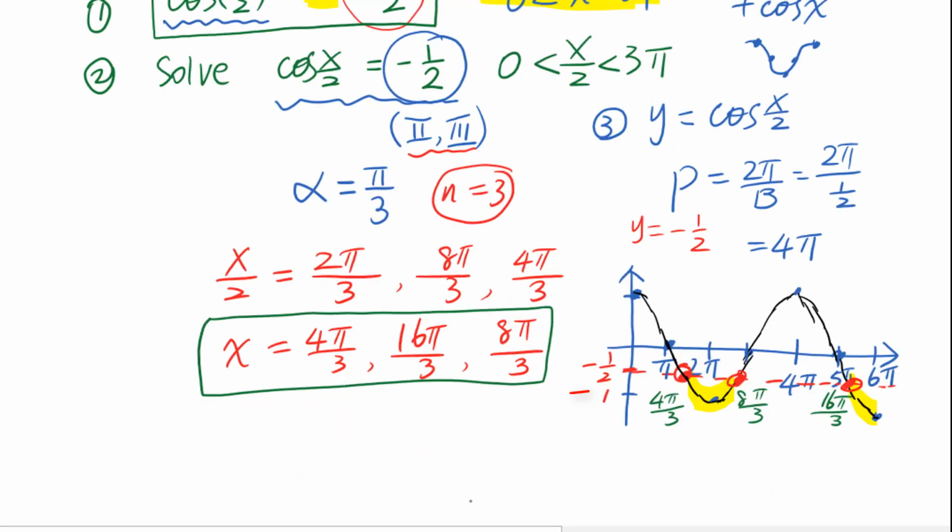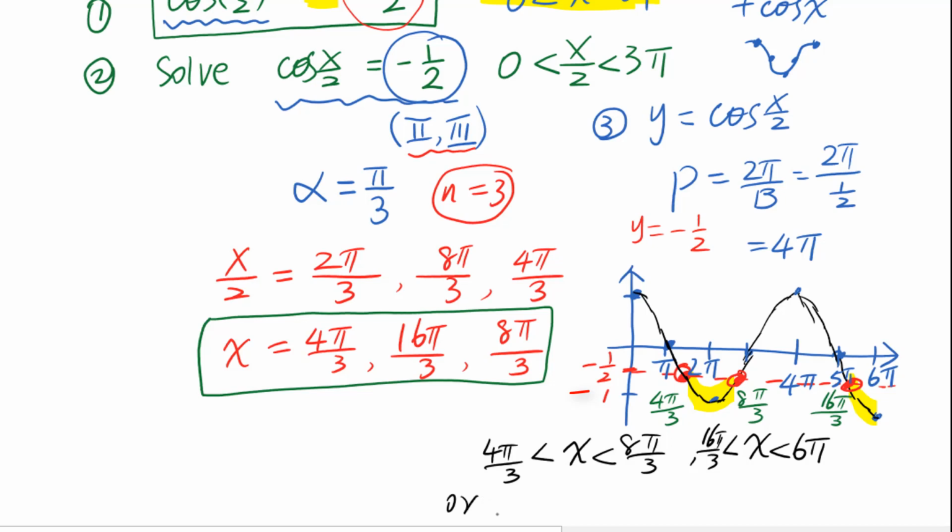You can use inequality to write down the solution, or you can use interval notation. For inequality, you can write x greater than 4 pi over 3 and less than 8 pi over 3, and x greater than 16 pi over 3 and less than 6 pi.